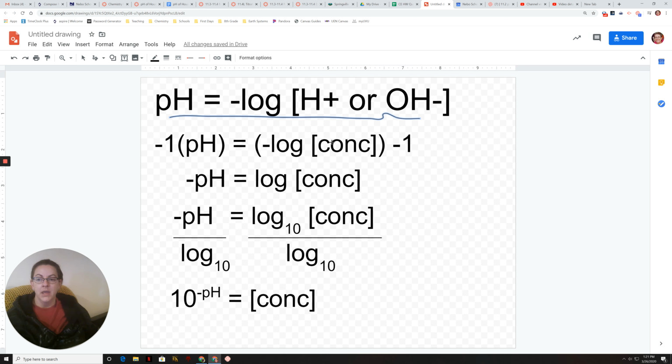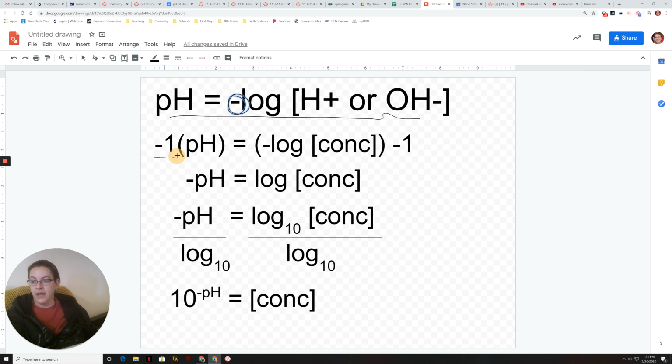Okay, so we can rearrange this equation so that we're solving for concentration rather than solving for pH. And this is how it works. So first of all, I have my negative right here on my log. So I'm going to multiply both sides by a -1 so I can get rid of this negative on the log.